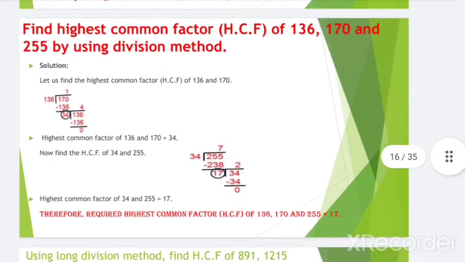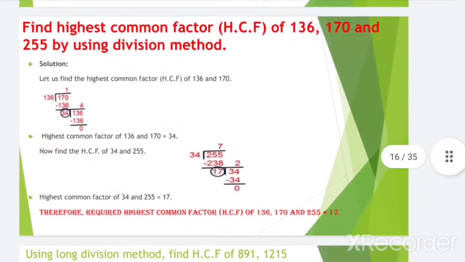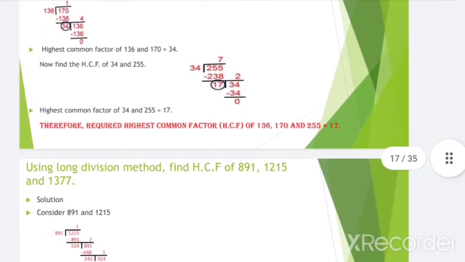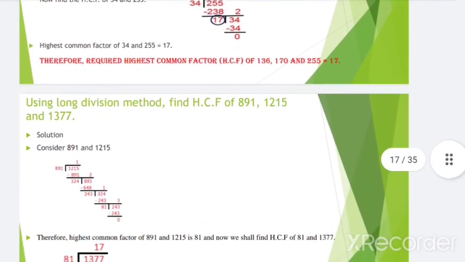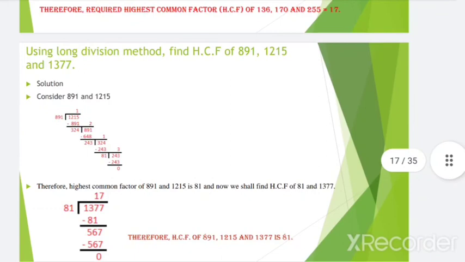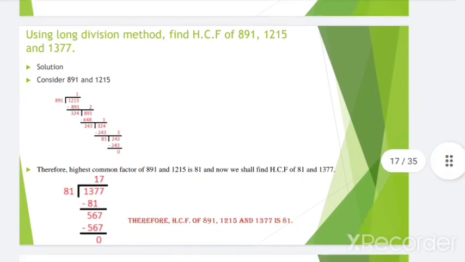Okay children, in this way we can understand better. Let us take the last question using the long division method to find the HCF of 891, 1215 and 1377. So consider the first 2 numbers 891 and 1215.